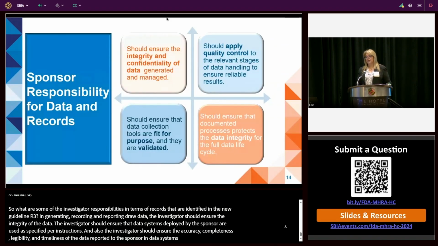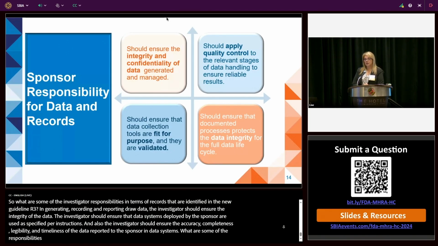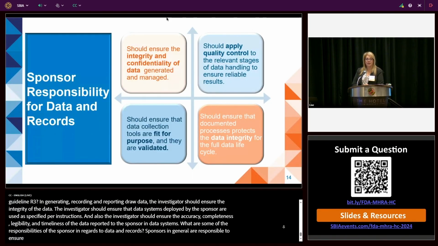What are some of the responsibilities of the sponsor in regards to data and records? Sponsors in general are responsible to ensure requirements of the computerized systems are addressed and implemented in a risk proportionate manner. They should ensure integrity and confidentiality of the data.